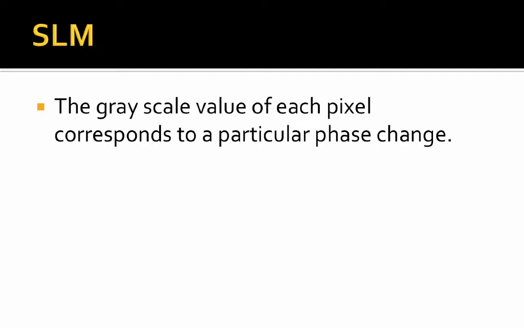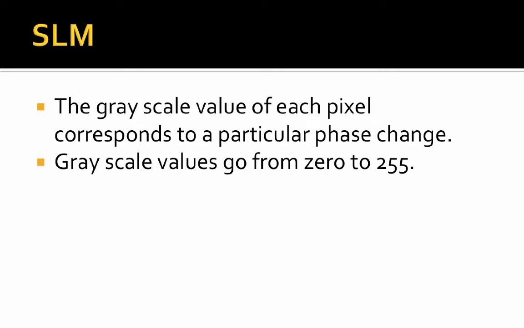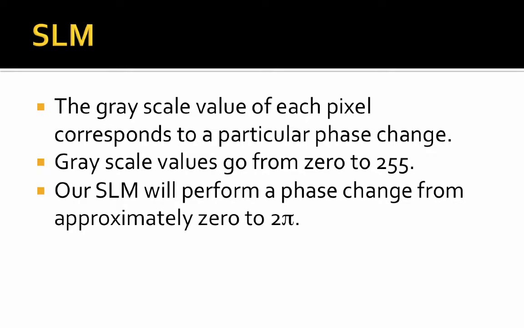All right, so what you're going to do is program the grayscale value of each pixel, and it corresponds to a particular phase change. The grayscale goes from 0 to 255, and our SLM does a phase change from approximately 0 to 2 pi. So I'll go back to that.